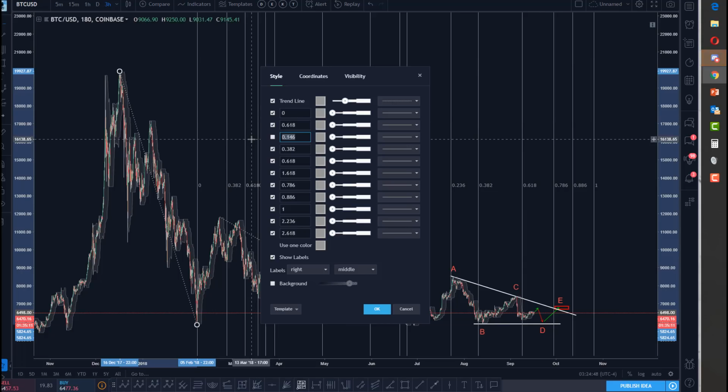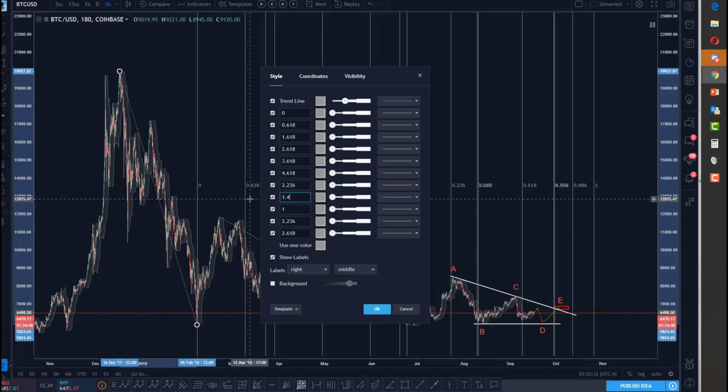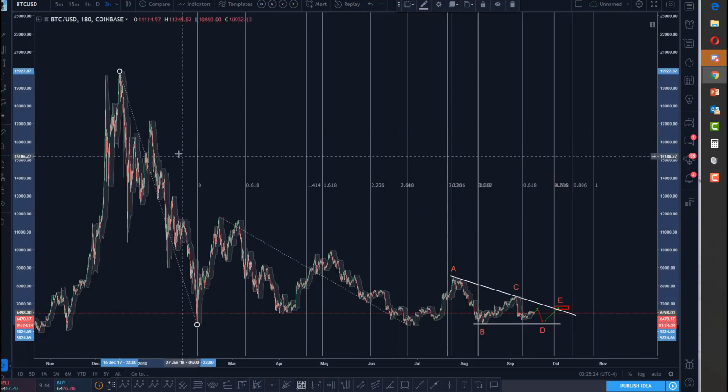So 618, 1618. I actually have not done this before, guys, so sorry, I'm not prepared for it. But I think if I get something exciting, maybe it'll lend more credence to it because it's not prepared. 4618. There's also some key levels like the 2236, 1414, 3236. Okay, anyway, that's enough. Wow.